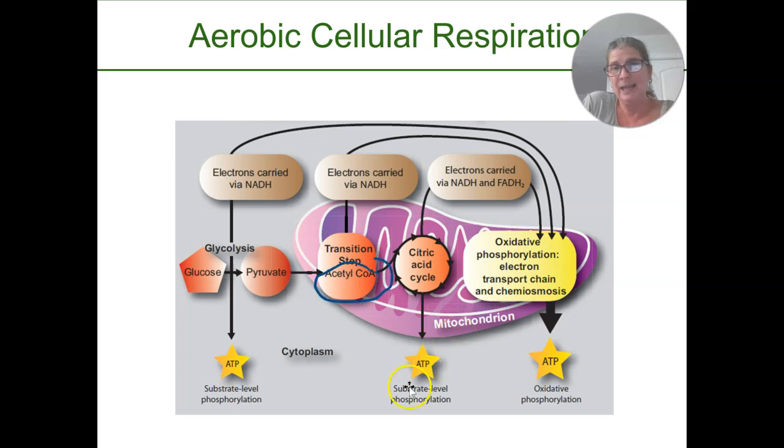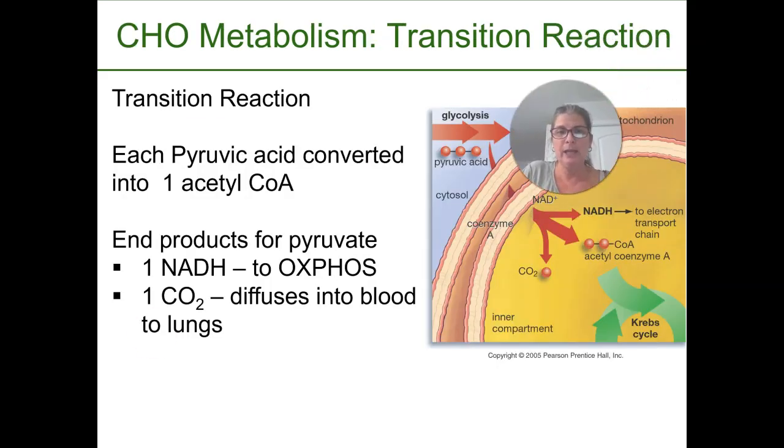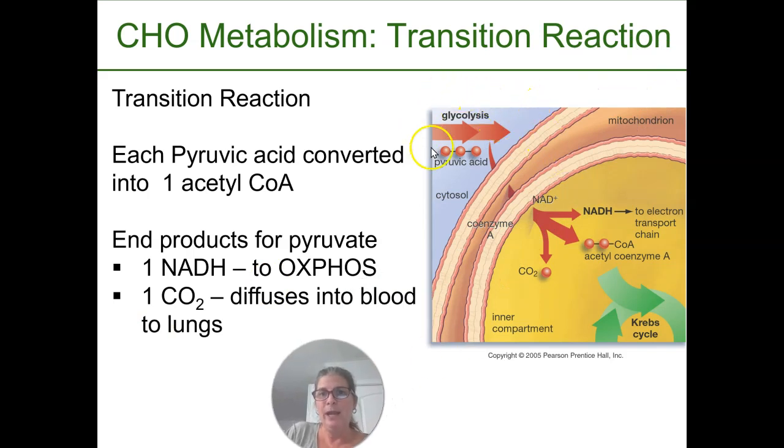So the transition step is just taking a pyruvate and converting it, because the citric acid cycle starts with acetyl-CoA. So you need a transition to convert the pyruvate into the acetyl-CoA so it can get inside the citric acid cycle. And that's all it does.